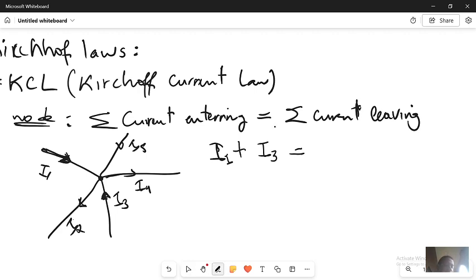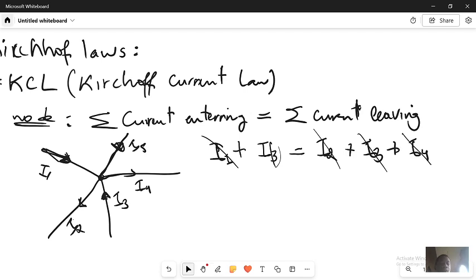This current is leaving, this one is going to be I2 plus, which current also is leaving? This is leaving, plus I4 is leaving. So that is the KCL. Meaning that in a node, the summation of the currents entering equals the summation of currents leaving. Meaning that if I have all the other currents, I can determine the unknown one. Now, that's the KCL.